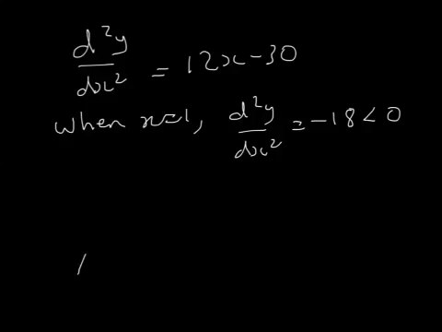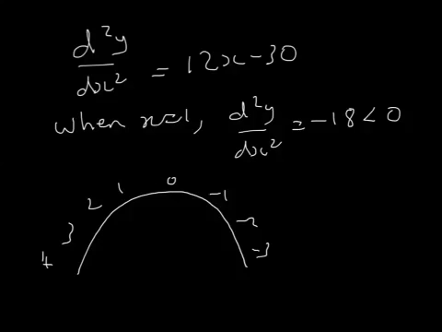So if the gradient itself is decreasing, for example going from 4, then 3, then 2, then 1, then 0, then minus 1, minus 2, and so on, if the gradient itself is decreasing, then we know that it's a maximum point. So therefore we've got a maximum at 1, what was it, 17.